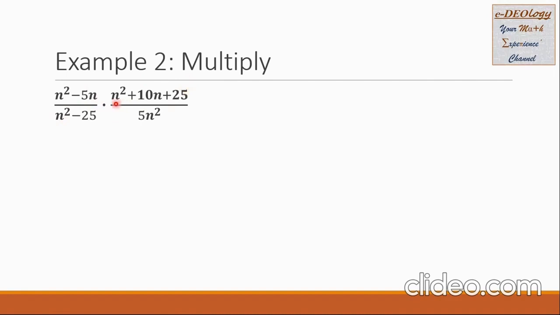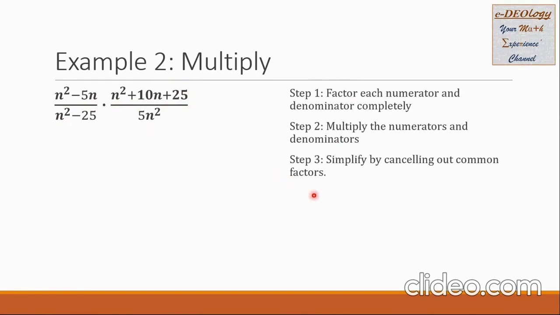The numerator is n square plus 10n plus 25 all over 5n square. So I wrote all the 3 steps here at one time. So I'm going to do the step 1 to factor each numerator and denominator completely.